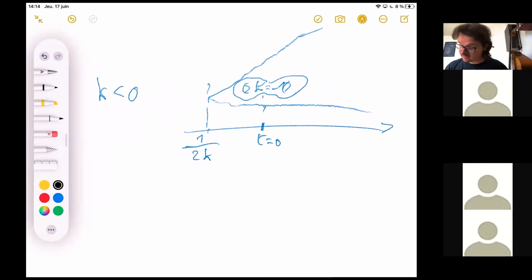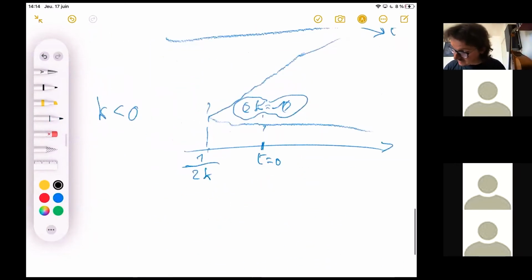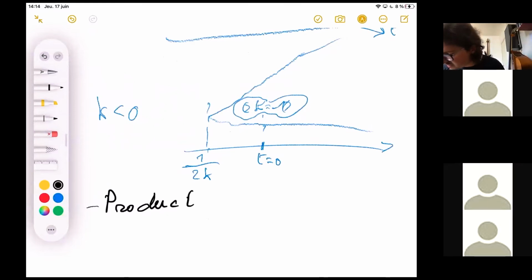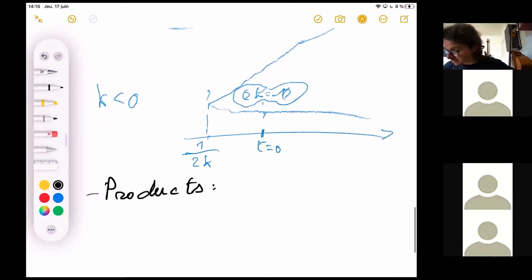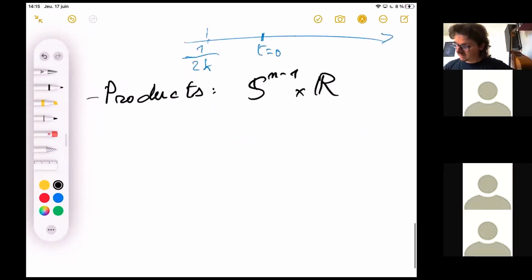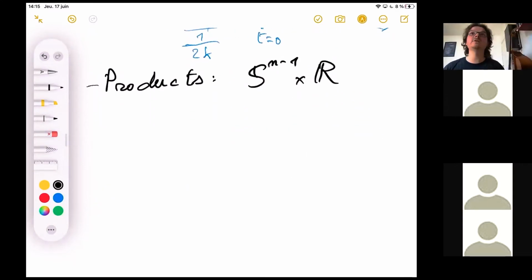Okay, maybe let's give some other examples. So you can take products of solutions, and one big example is the shrinking cylinder. So here the spherical factor will shrink while the flat factor will stay the same. So this will be something like that.